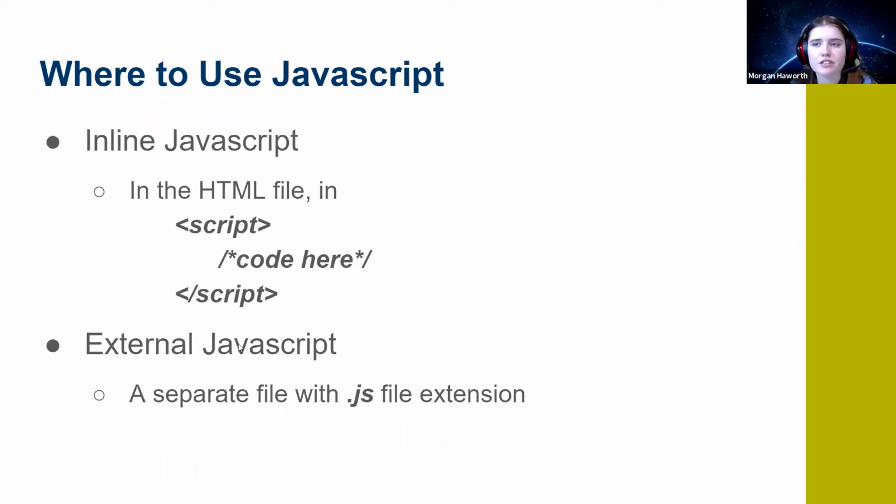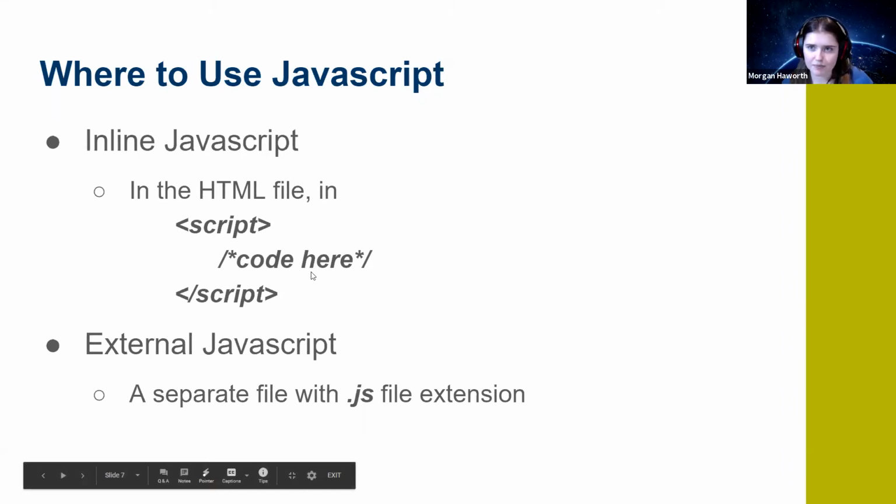And you can have external JavaScript, where instead of putting that JavaScript code in the HTML file, you remove it, put it in a separate JavaScript file, and then you'll have to create some way that they can view each other. You do that with the script tag, except as an attribute inside of the opening script tag, you create the source attribute and set it equal to that JavaScript file.